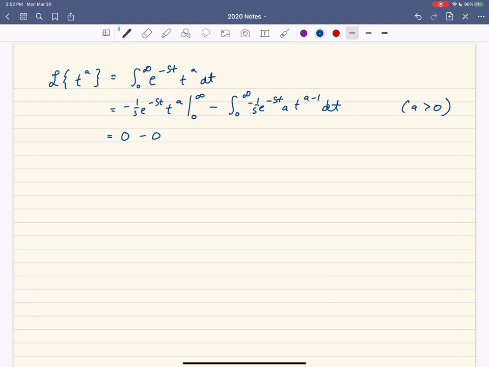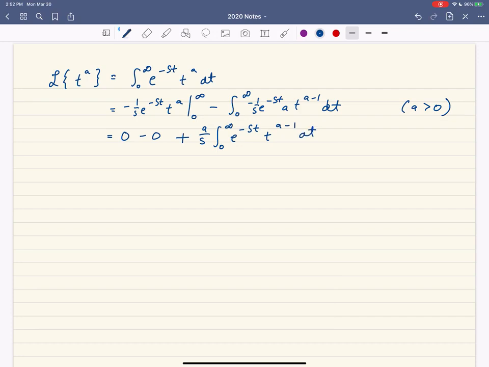So we're going to have 0 plus a over s times the integral from 0 to infinity e to the minus st times t to the a minus 1 dt.